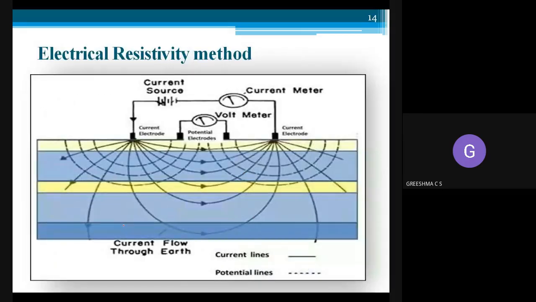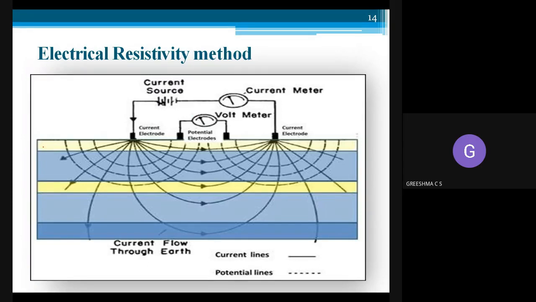The figure is pretty clear: these are the electrodes installed into the ground, through which electric current is introduced into the ground surface, and here is the voltmeter. From this we can calculate the resistance offered by a particular region.